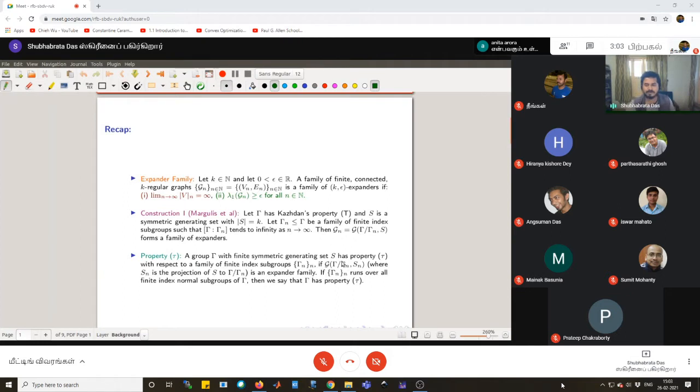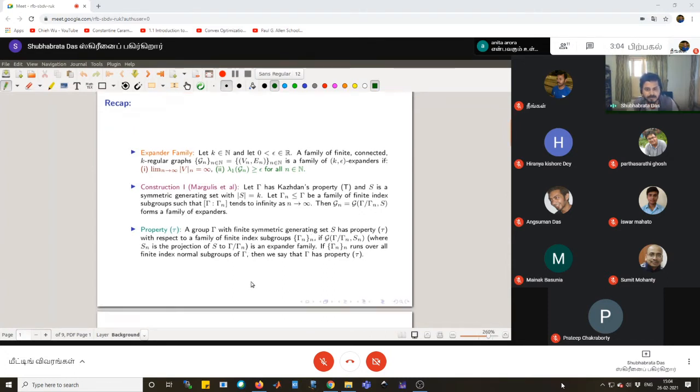We will not be looking at the applications of property tau as such, but just to mention that this is a very important class of groups which are connected to various different areas.